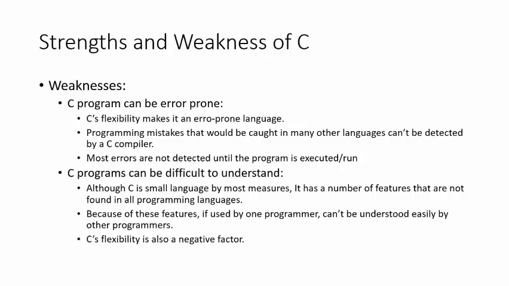The errors cannot be detected by the C compiler. So that is one disadvantage. Most of the errors are not detected until the program is executed. Until you run the application, you don't find the errors. That is a disadvantage with C programs.